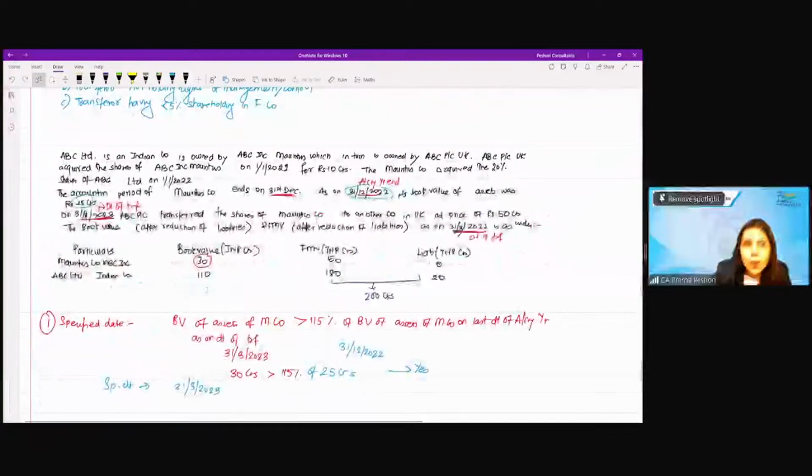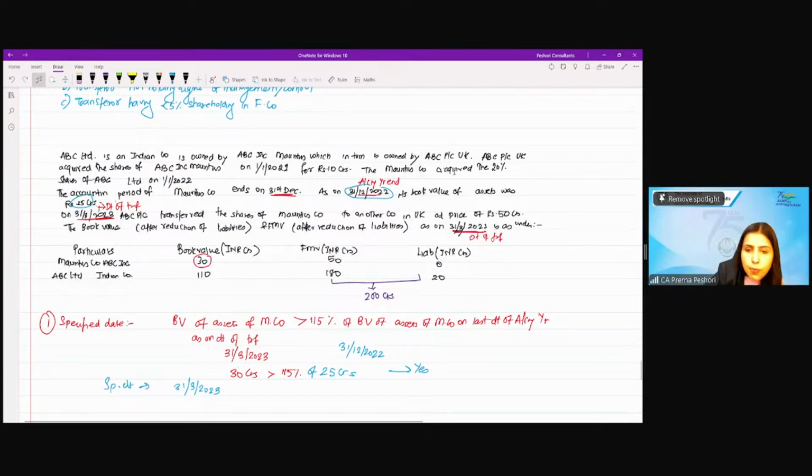However, if you read the question, it says ABC Limited is an Indian company, right? And the Mauritius company has acquired only 20% of the shares of ABC Limited India. So we cannot consider the entire 200 crore.